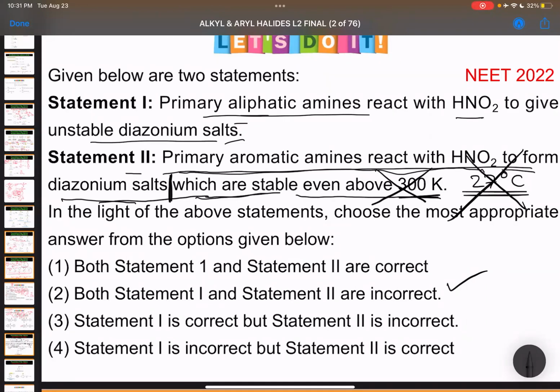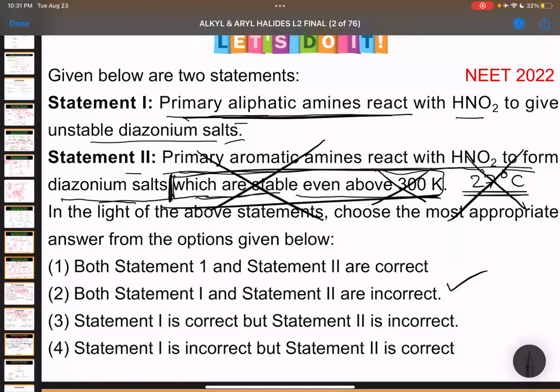So you should read each and every statement completely. Then only you should come to a conclusion. The statement 2 initially appeared correct, but the last part was incorrect. So the whole statement became incorrect.